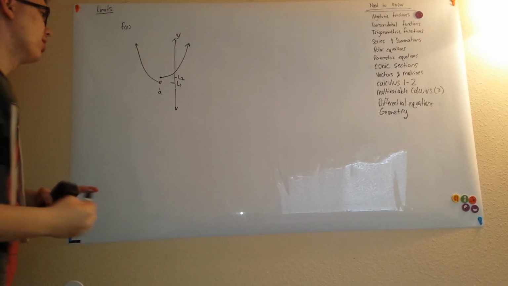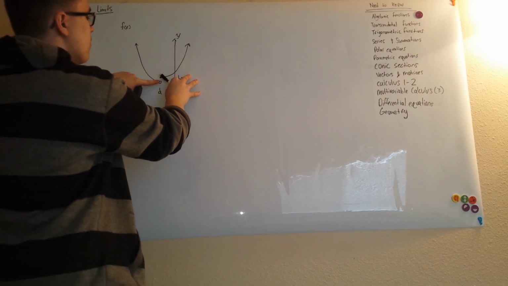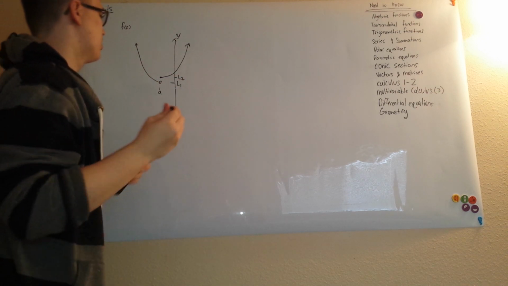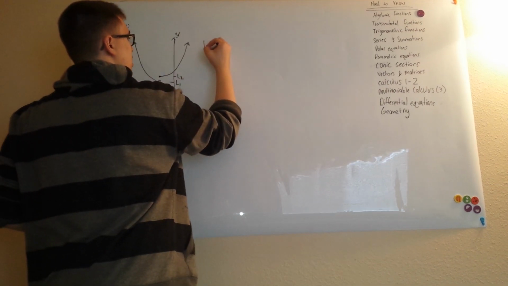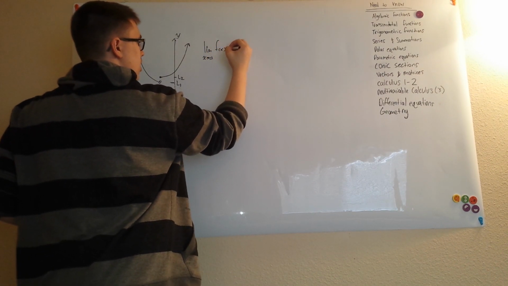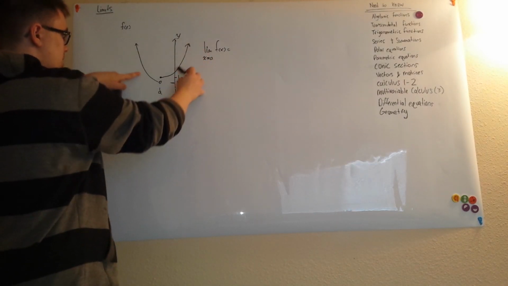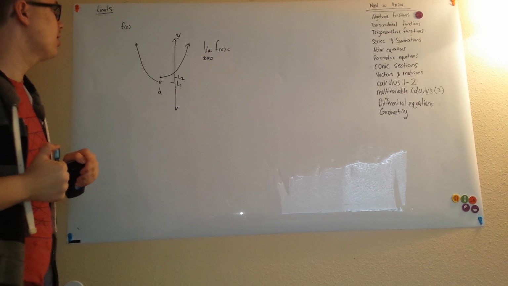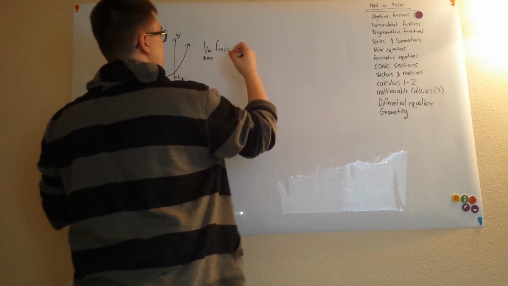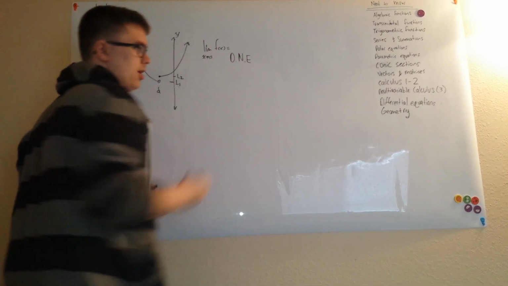Now, another way of doing it is, hey, we're going from both sides and we're not ending at the same value. This one's clearly higher than this one. So, if you have a limit where you're approaching two different values from the left and the right, the limit doesn't exist. So this does not exist.